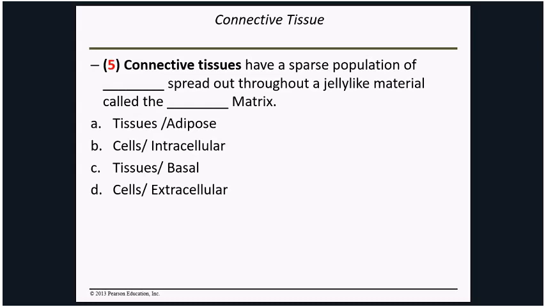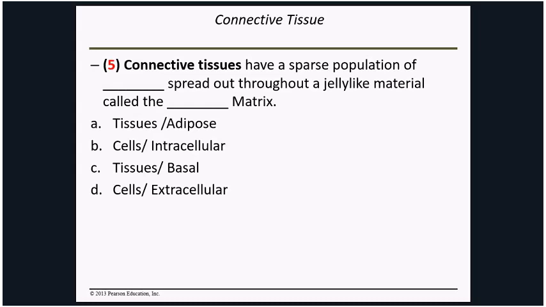Connective tissue. So here's a question about connective tissue. This is the one that has 6 different types. So connective tissues have a sparse population of blank spread out throughout a jelly-like material or a material called the blank matrix.